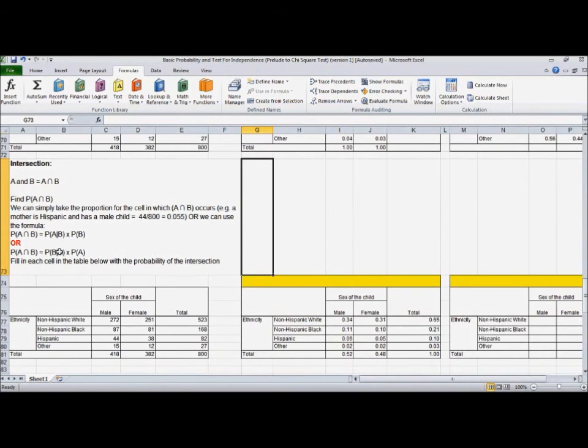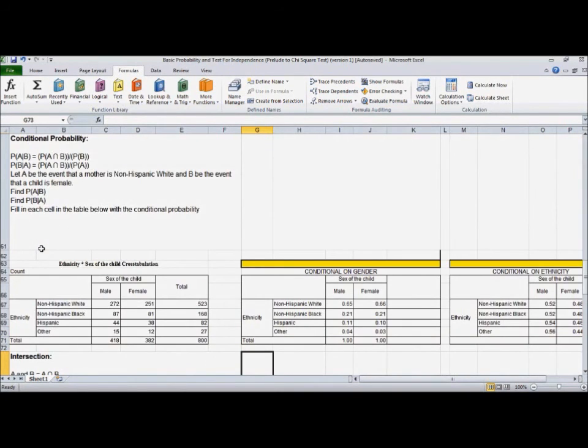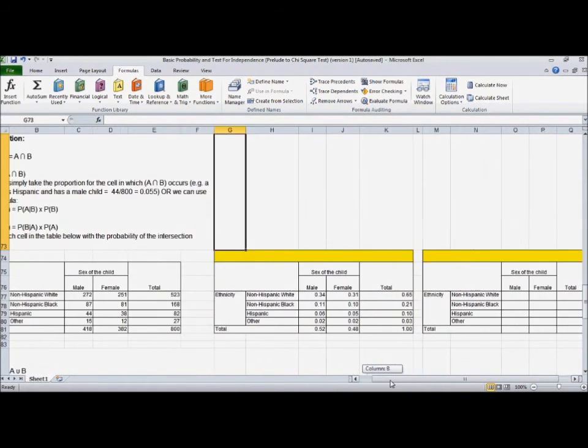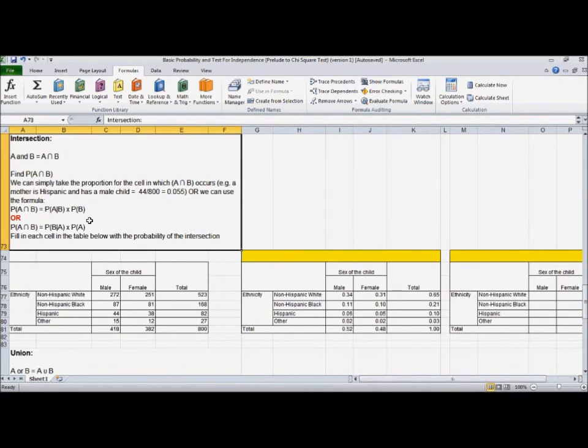So we've covered conditional probability, we've covered intersection. We can use the intersection by dividing the count in that intersection by the total. That's an easier method.